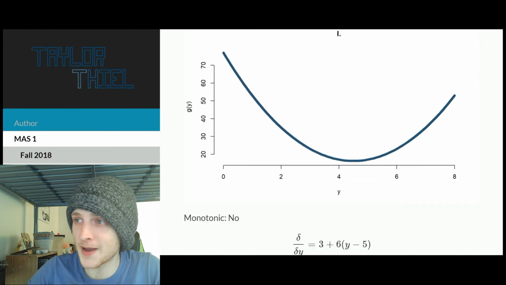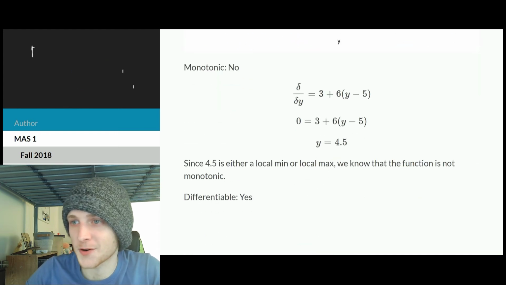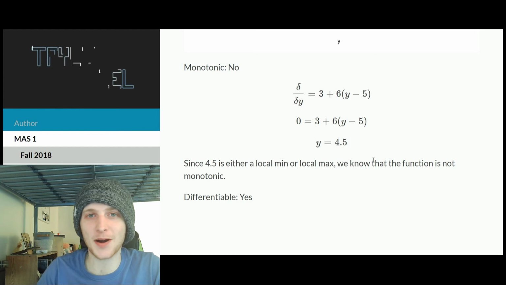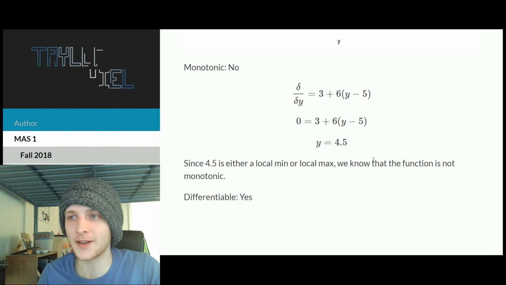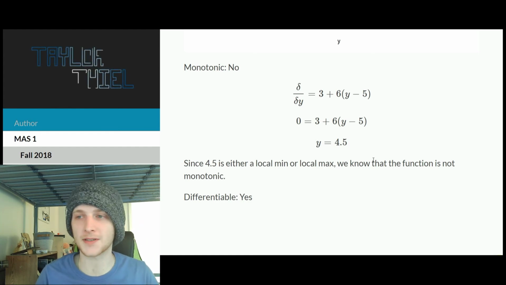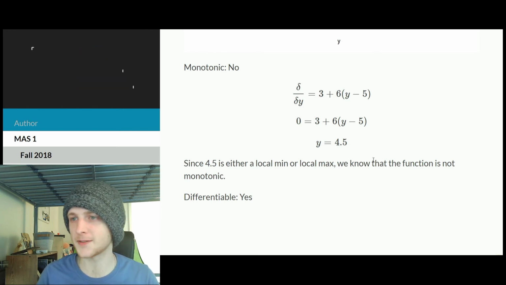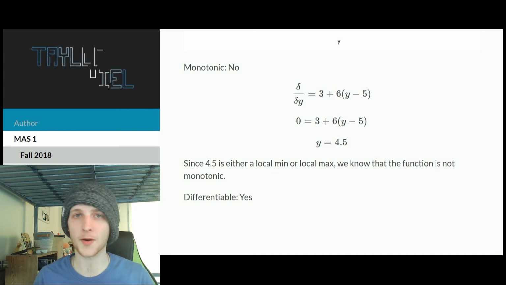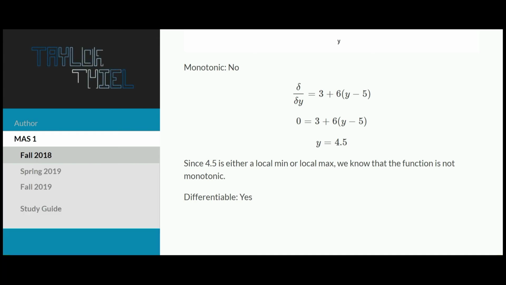The old school way, or maybe the more correct way, is to actually differentiate, which answers that second part. We can take the derivative, solve for 0, and find a solution. When we take this derivative and solve for 0, we get 4.5. We know that at 4.5 there's either a local minimum, a maximum, or an inflection point.